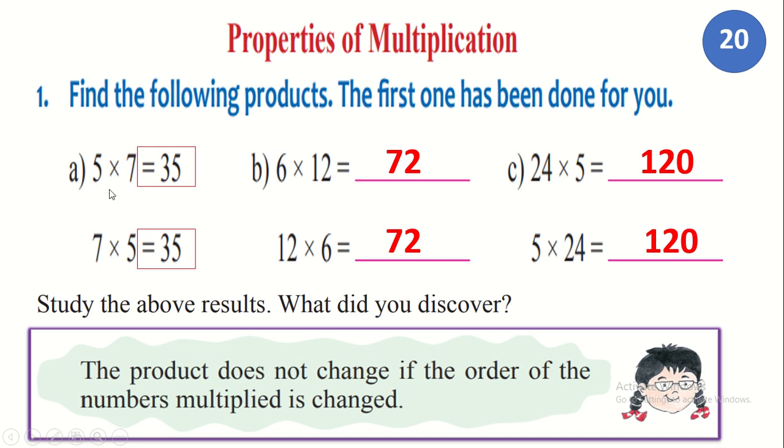Here is 6 times 12, 12 times 6, the answer is the same. It does not change. 24 times 5, here 5 times 24 is 120, the same. That's why the product does not change if the order, the position, of the numbers multiplied is changed.